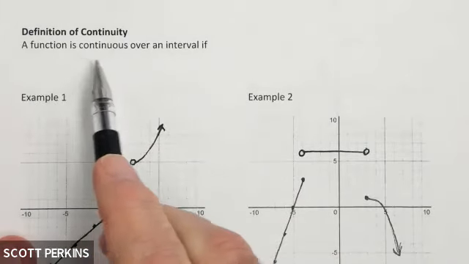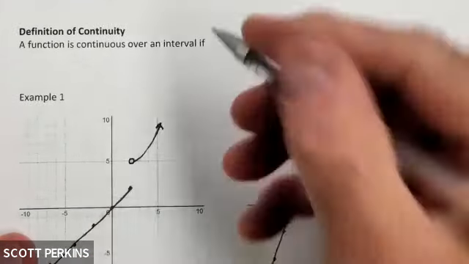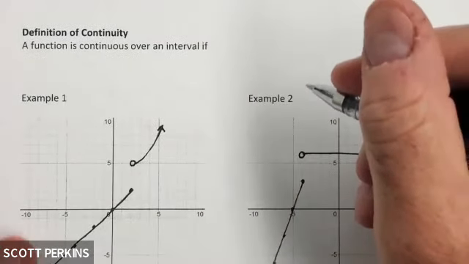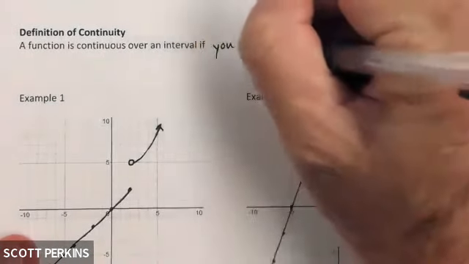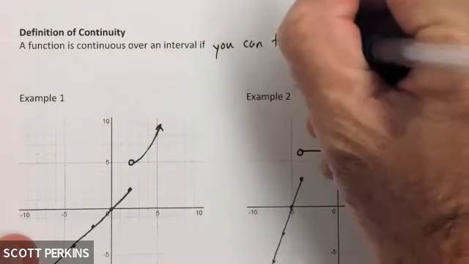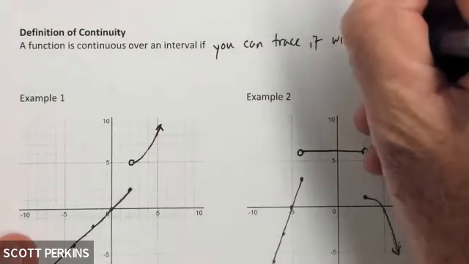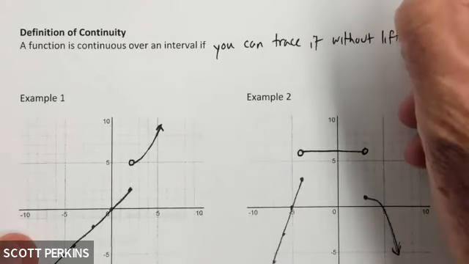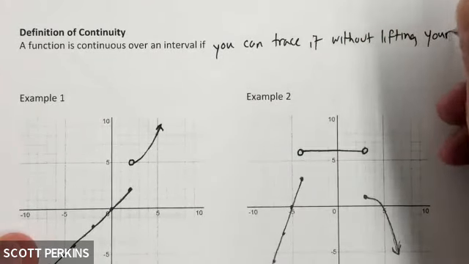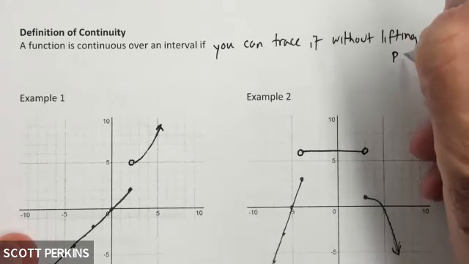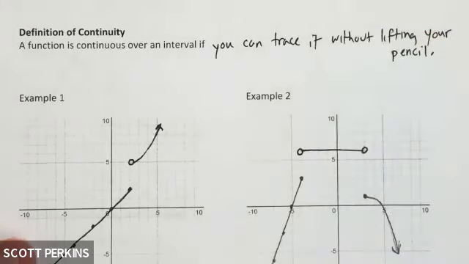And so a function is continuous over an interval if, and here's the very technical definition, if you can trace it without lifting your pencil, finger or pen or crayon or whatever you happen to be writing with. So a function is continuous over an interval if you can trace it without lifting your pencil.